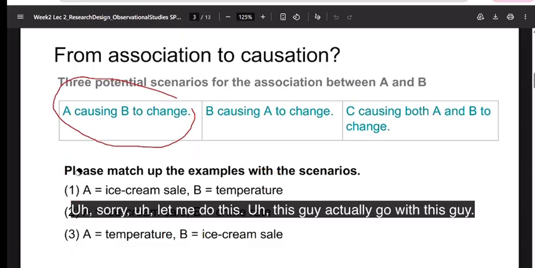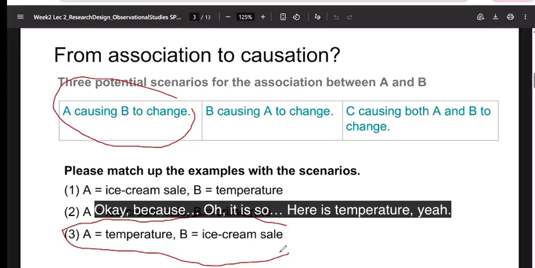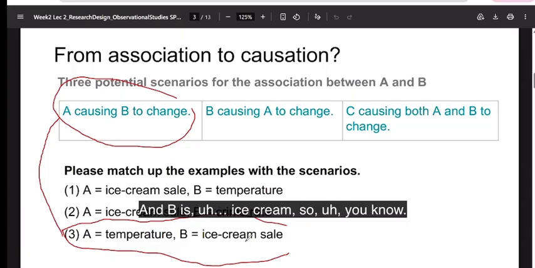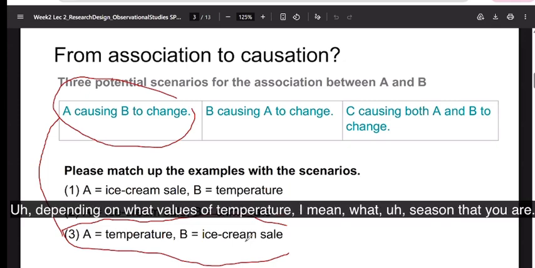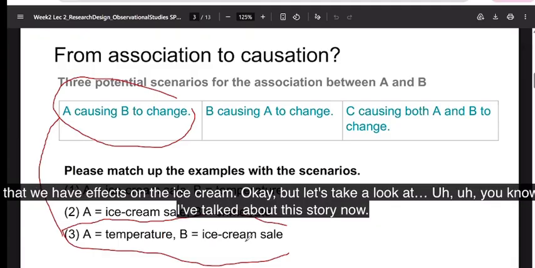This one, go with this one. Because A is temperature here, and B is ice cream sales. So depending on what season you are in, that will have an effect on the ice cream sales. But I've talked about these three now.